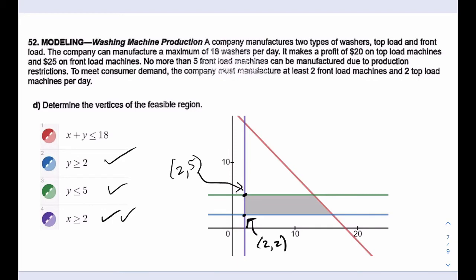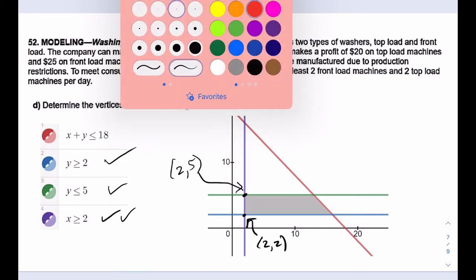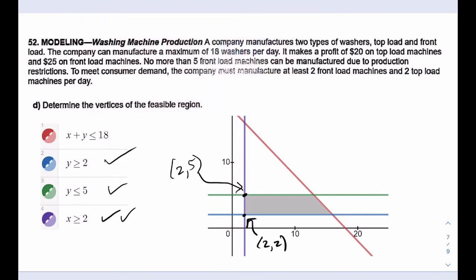Now we're going to have to use the line. I'll write it in slope-intercept form. y equals negative x plus 18. Or actually, I can see it will be easier to use just the standard form of that line. x plus y is equal to 18.